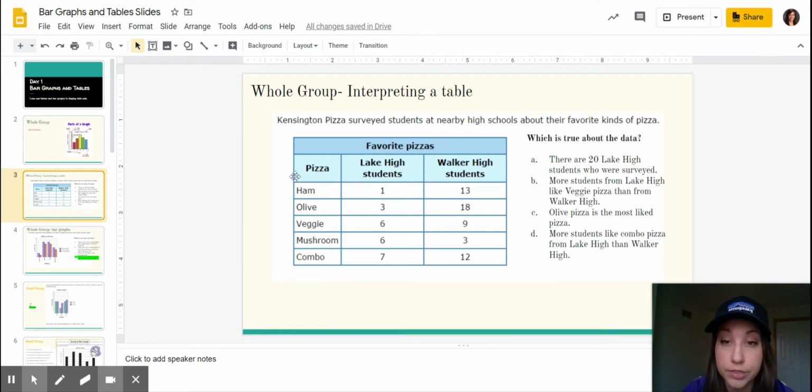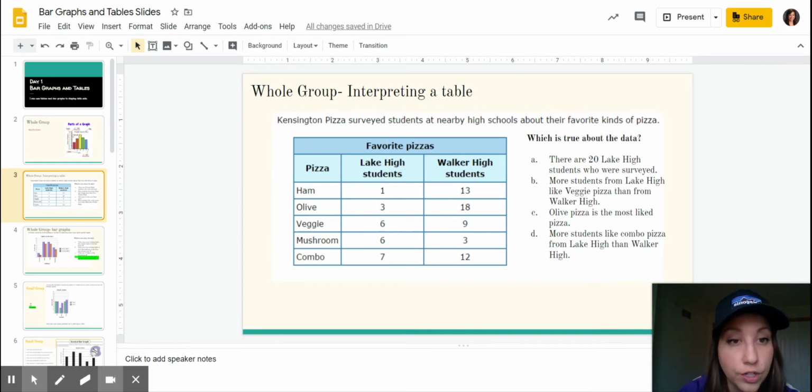I read the labels, ham pizza, olive pizza, veggie pizza, mushroom pizza, combo. I'm wondering where's that pepperoni pizza? All right, so let's look. We have Lake High students and Walker High students. So it says ham pizza. One kid at Lake High liked it, and 13 kids at Walker. Notice how I read that from left going to right.